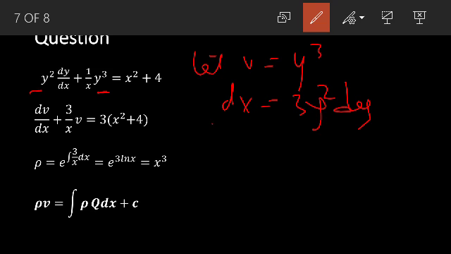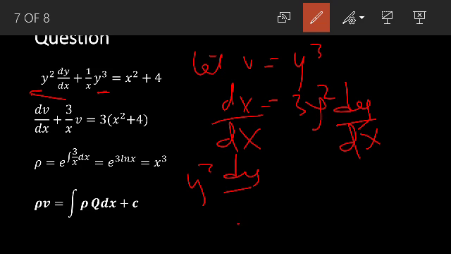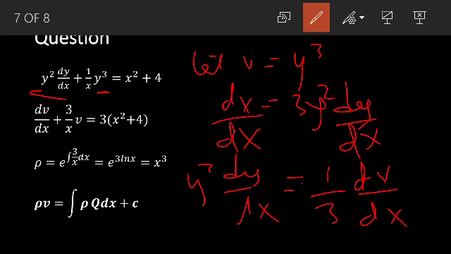If I divide both sides by dx, I get dv/dx equal to 3y squared dy/dx. Making y squared dy/dx the subject of the formula, we get that y squared dy/dx is equal to 1 over 3 dv/dx. That's the reason why we have this.